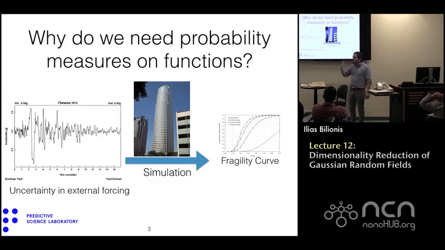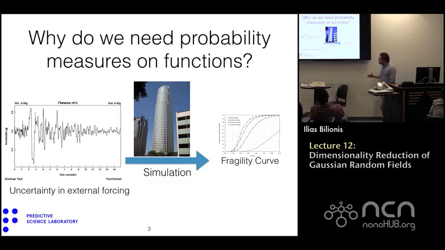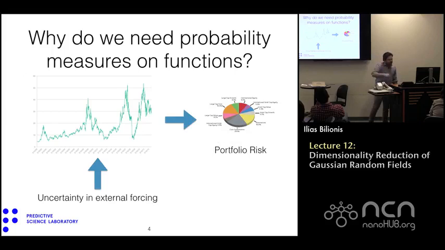So you need to be able to talk about your uncertainty about the shape of this function. This is the kind of uncertainty that you need to describe. And then once you are able to describe it, the second problem is to propagate it through the structural model and come up with the fragility curves and so on and so forth.